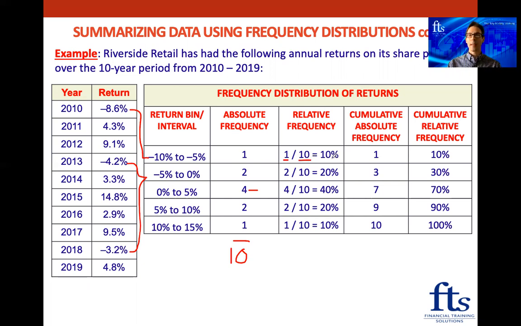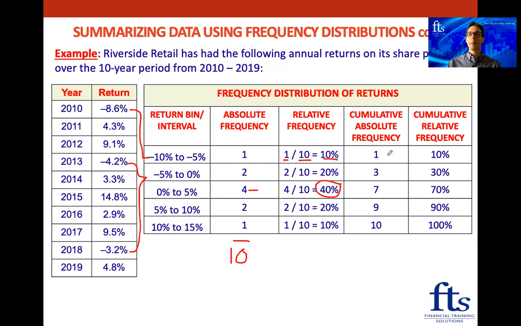So we can see that 10% of the returns were in this bin. And in the 0 to 5% bin, 40% is our biggest relative frequency. So 40% of the time, the return was between 0 and 5%.